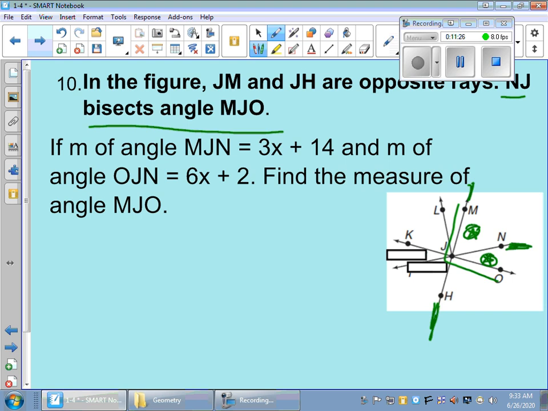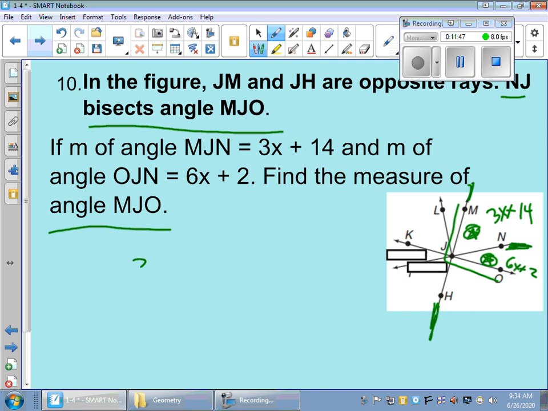They give us that MJN is 3x plus 14, and that OJN is 6x plus 2. We want to find the measure of angle MJO. So again, what do we do? Algebra.